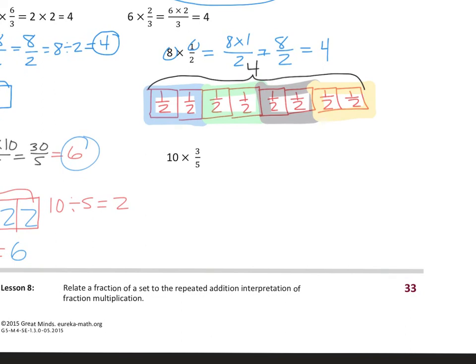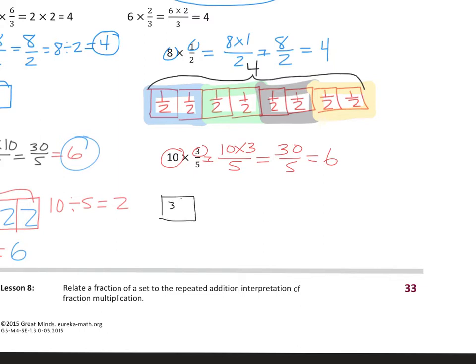And quickly just say, there's more practice. 10 times 3 will be what's in the numerator. And then 5 is our denominator, which we get 30 over 5, which we know means 30 divided by 5, which is 6. And so now what we're going to do here is show repeated addition. I'm going to draw my first box.